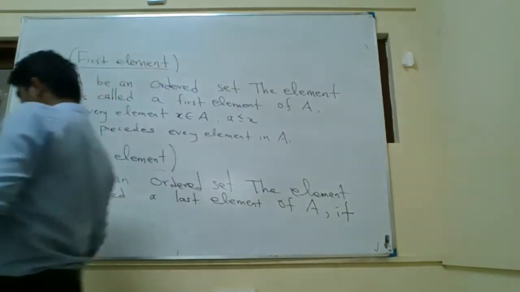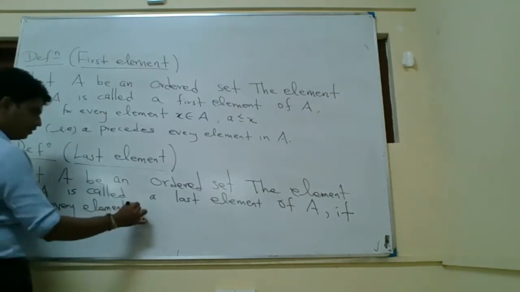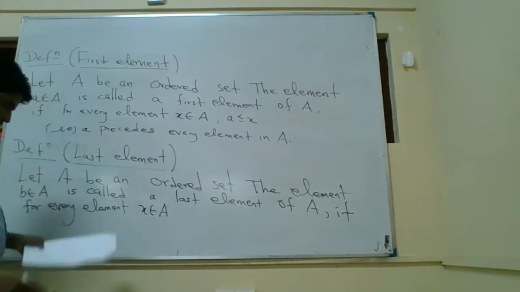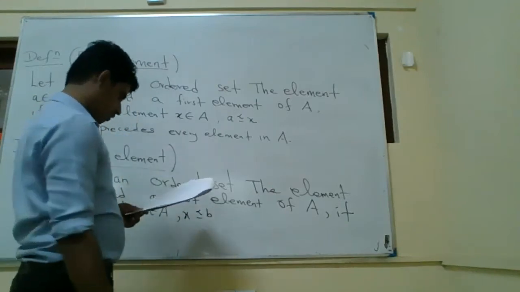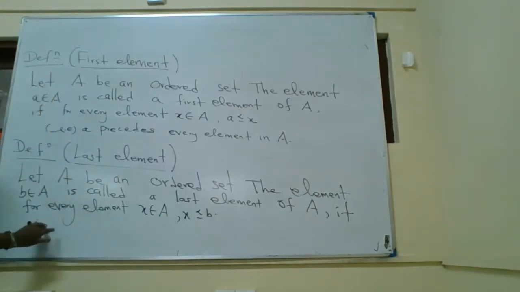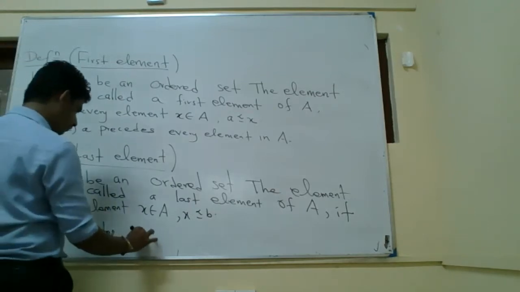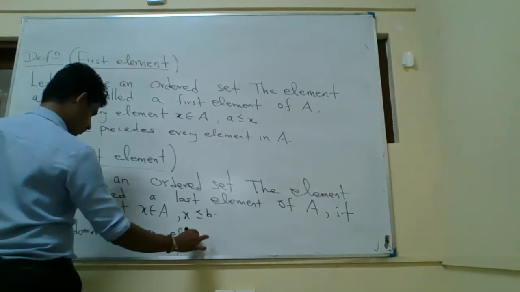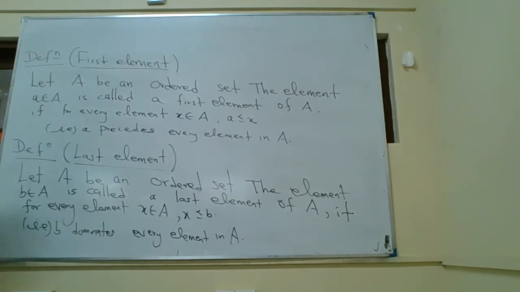if for every element x belonging to A, x precedes b. In other words, b dominates every element in A. You already studied this.